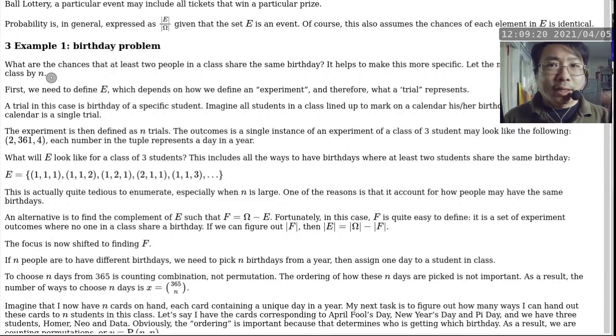We want to find out the probability that in this class at least two people share the same birthday. It can be more. I'm including all of the cases, like the first two people share the same birthday, the second two people share a different birthday, and so on and so forth.